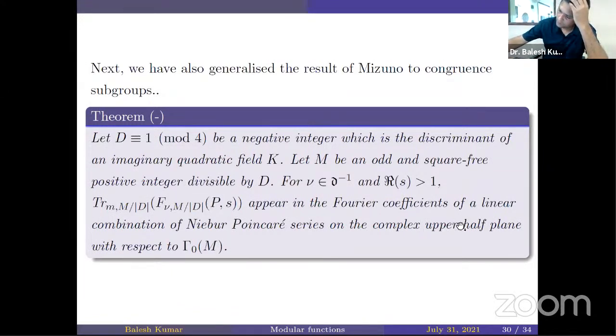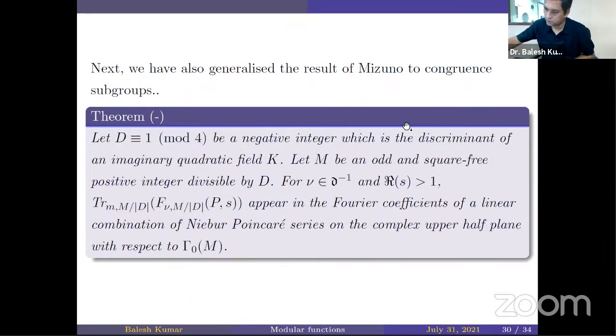That means the Fourier coefficient of certain Niebur Poincaré series can be understood in terms of the mth trace of Niebur Poincaré series on three-dimensional hyperbolic space corresponding to the congruence subgroup Gamma_0(M by D).